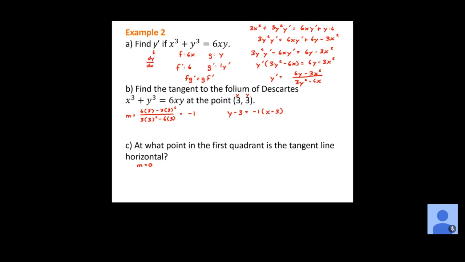Before we can do that, we don't have a point. That's what we're looking for, that point. But we know the derivative represents the slope of a tangent line, and we know what we want the slope of that tangent line to be. So what could we do?